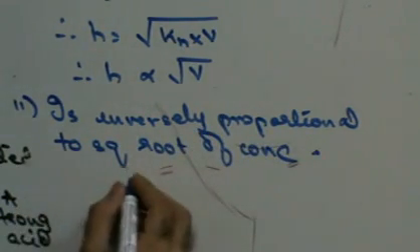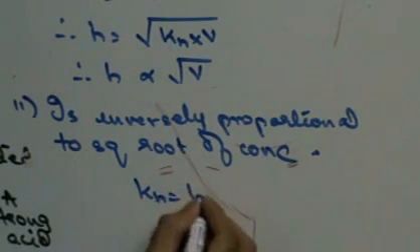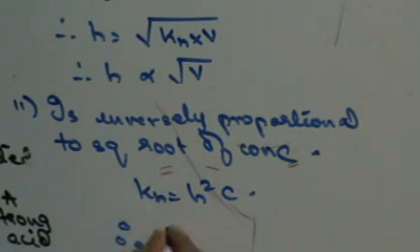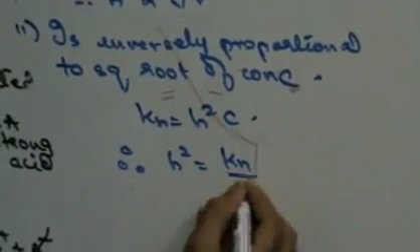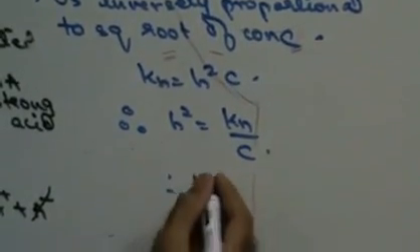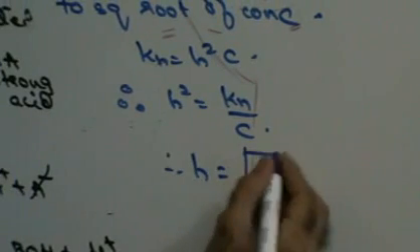We have derived that Kh is equal to h square C. Therefore, h square is equal to Kh upon C, so h is equal to square root of Kh upon C. But Kh is a constant. Therefore, h is inversely proportional to square root of C. So that is your derivation between degree of hydrolysis and hydrolysis constant for a salt of strong acid and weak base. Now consider a salt of weak acid and strong base.